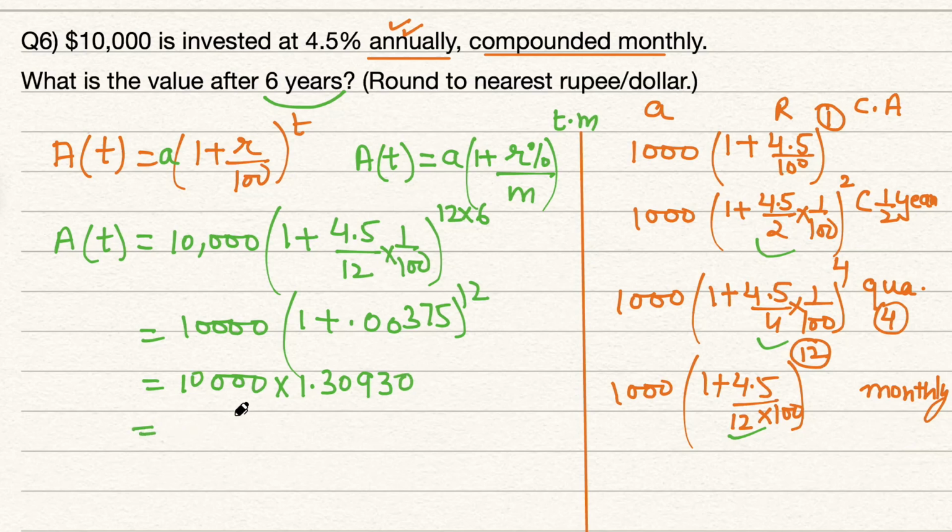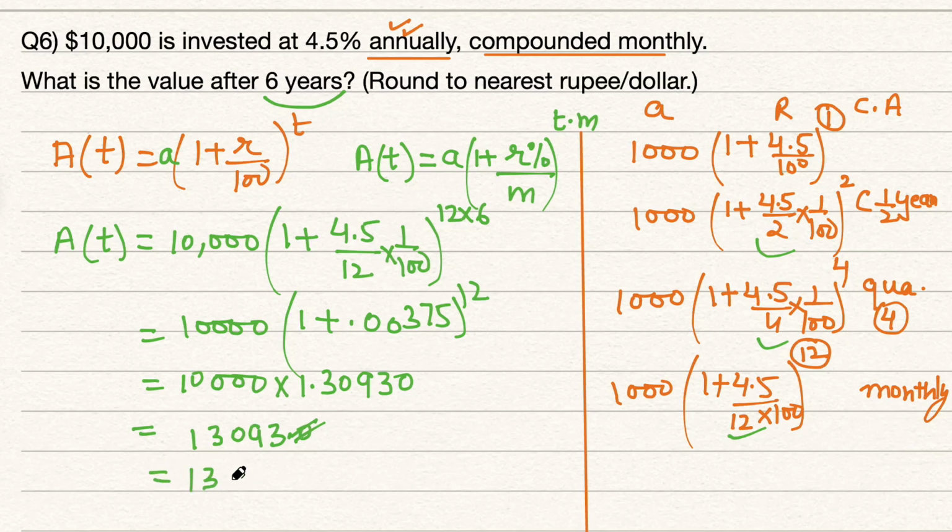1.30930. Okay, now when I am multiplying, then decimal will move to the right-hand side. So 1, 2, 3, 4. And the decimal will move like 1 and 2 and 3 and 4. So it will be here 13093 decimal 0. And if you have 0 after this decimal, no need to write this.